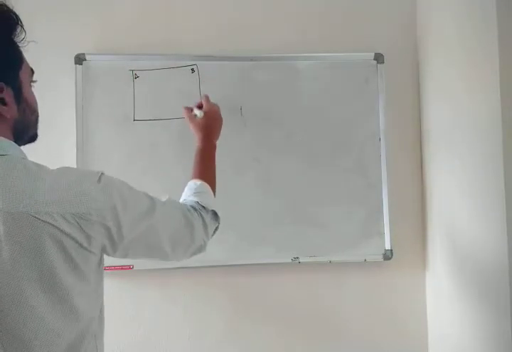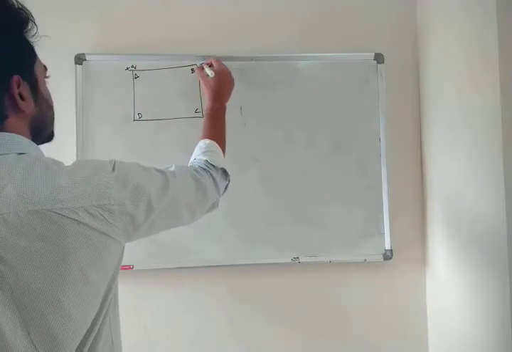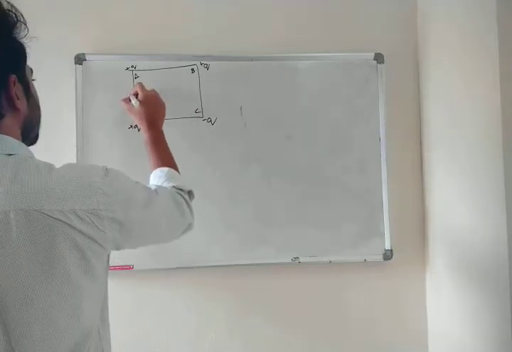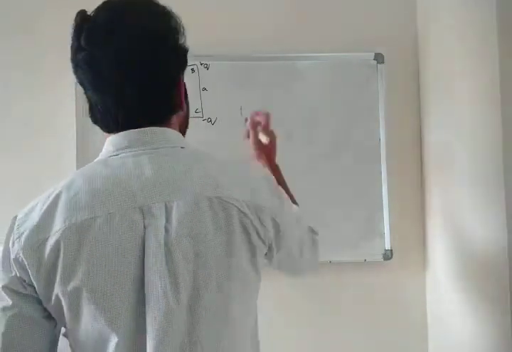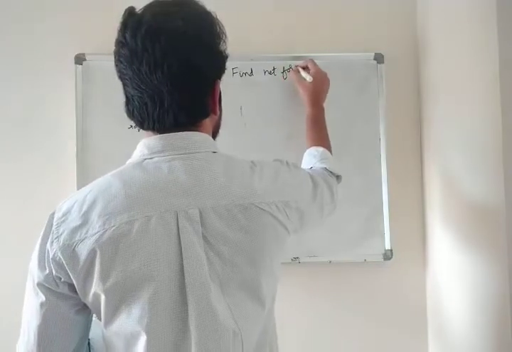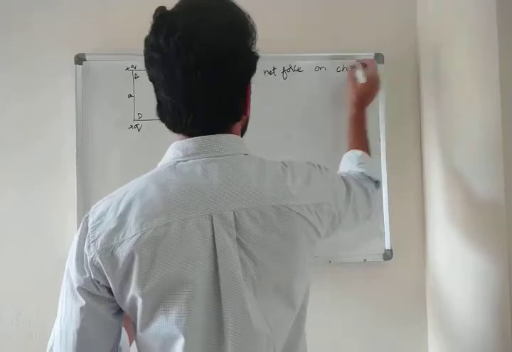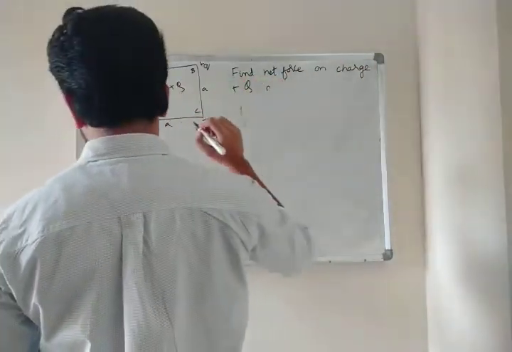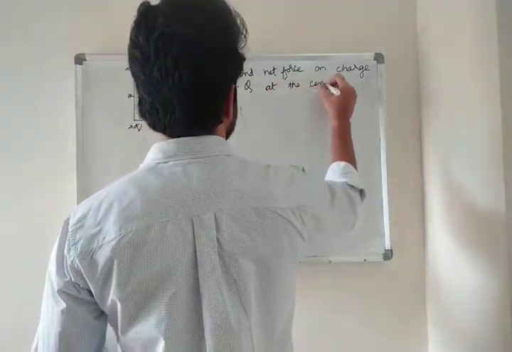A, B, C, D. Here plus Q, here plus Q, and here minus Q, plus Q, and sides A and A. Now the question is find the net force on charge plus Q, charge plus Q at the center.